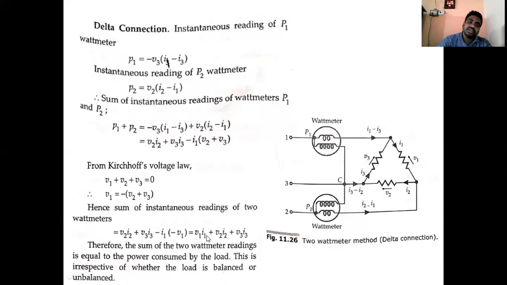We concluded that in a three-phase, three-wire delta connected 2-wattmeter method, the power consumed by the load is equal to the instantaneous power measured by the wattmeters. This holds whether it is a balanced system or an unbalanced system.